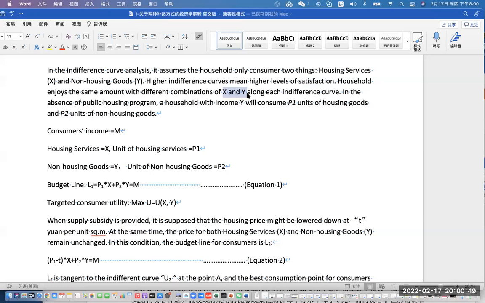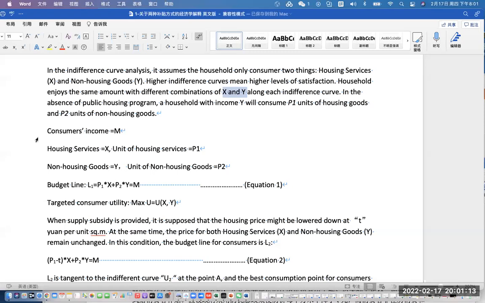If you still remember the PPT, right? So in the absence of a public housing program, a household with income Y will consume P1 units of housing goods and P2 units of non-housing goods. If you remember the housing curve.